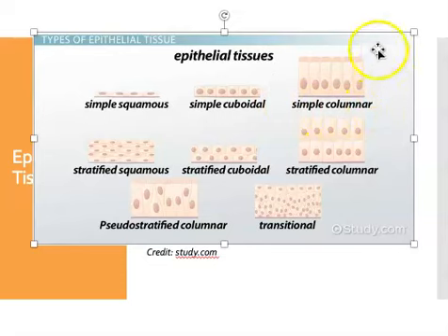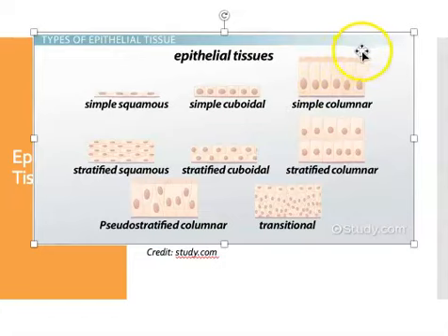Simple columnar epithelium looks very different. The cells, and I'm outlining them here, each individual cell has the shape of a column. And instead of having the nucleus in the center, the nucleus tends to be located down on the basal surface of the cell. Remember, epithelium has polarity or directionality.